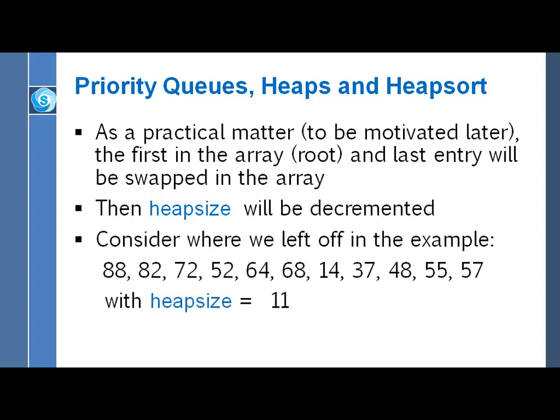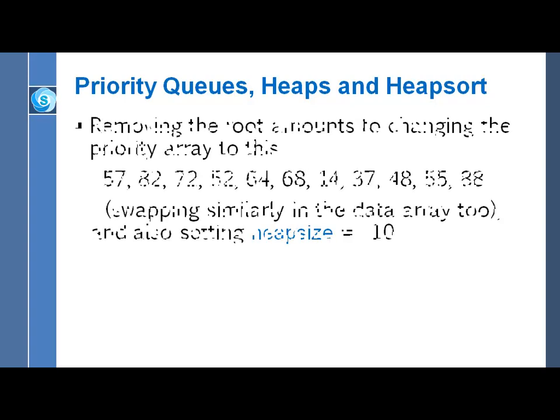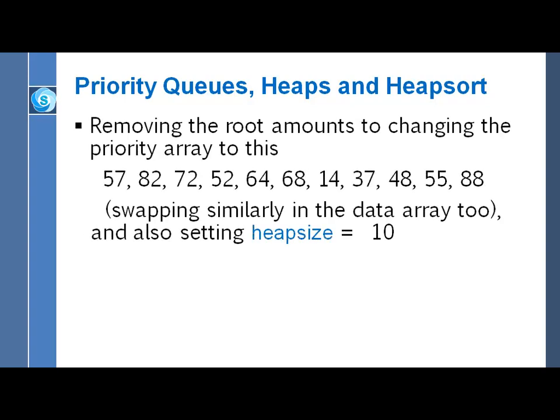Okay, let's look at our example. A moment ago we had left off with this heap containing 11 pieces of data, and so 11 corresponding priorities, and this is what our priority array looked like. So we swap the first and the last, and 57 gets promoted to the top of the heap.